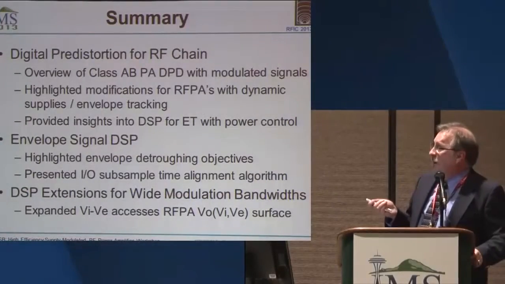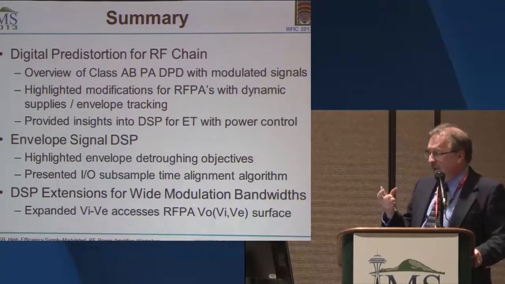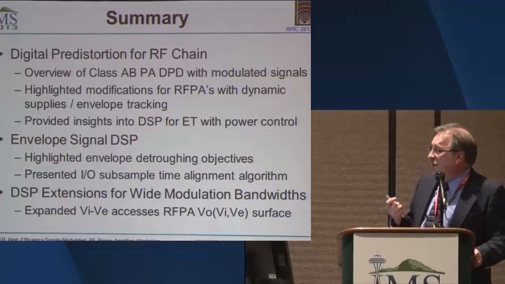So anyway, last slide I have is a quick summary. I've covered digital predistortion for the RF chain, which includes, I've started with just a straight RF chain, but then I've extended it to envelope tracking. I've highlighted some of the effects of envelope tracking and some of the specific signal processing needs with ET systems, specifically the time alignment.